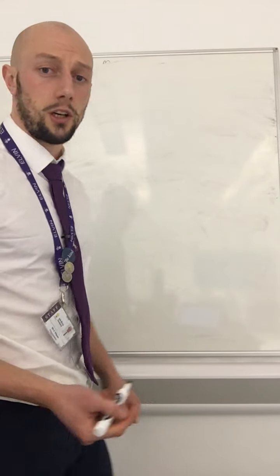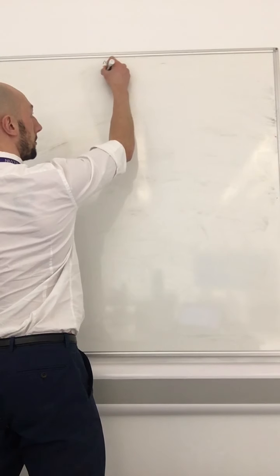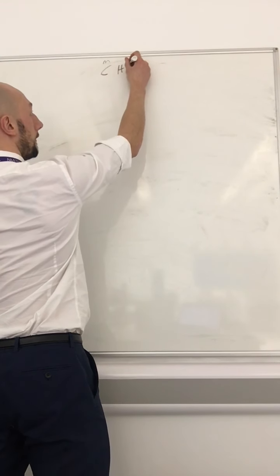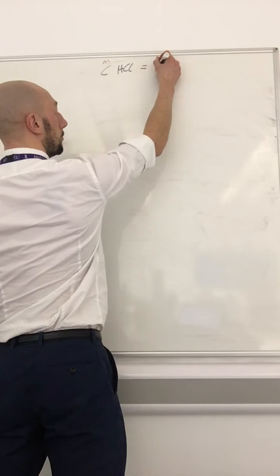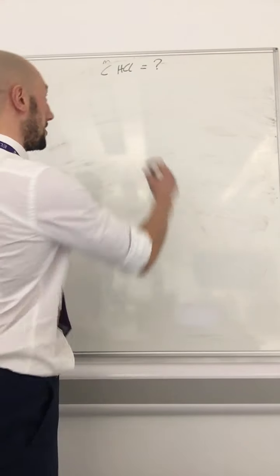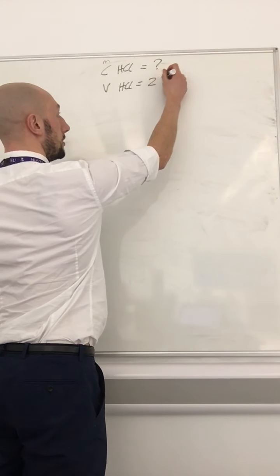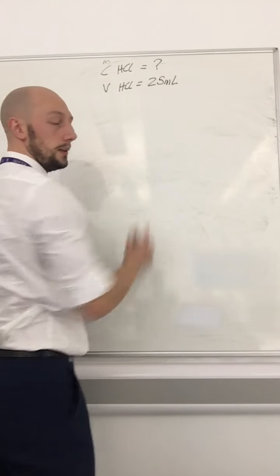First we need to see what the question is asking. The question is asking what is the concentration of hydrochloric acid. So I'm going to write C of HCl equals question mark. What does the question tell us? It tells us the volume of HCl is equal to 25 millilitres.